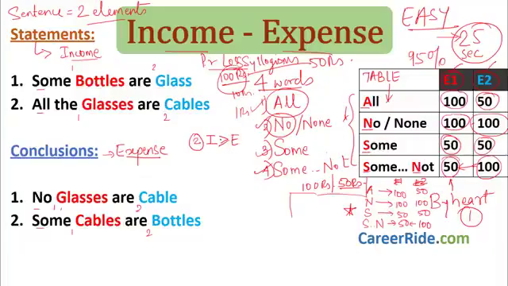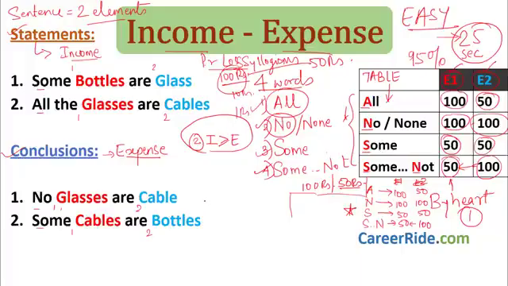So income has to be greater than or equal to the expenditure. It is a very important rule. Now using this table and this rule, let us start solving the sums. Whenever you get a question, it will be like these two statements and two conclusions, and we have to choose which conclusion is valid. So let us start solving.